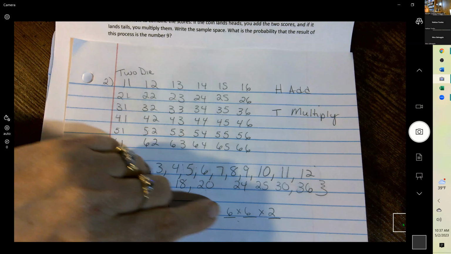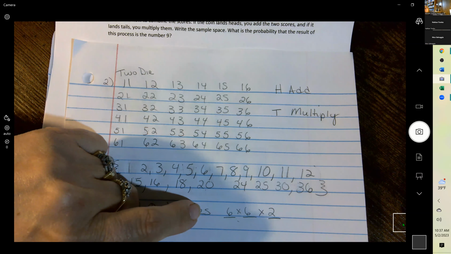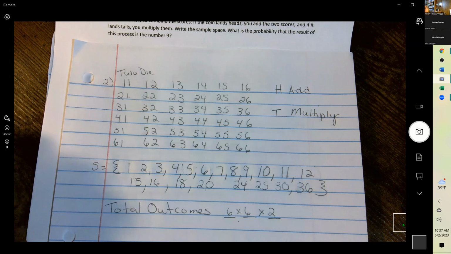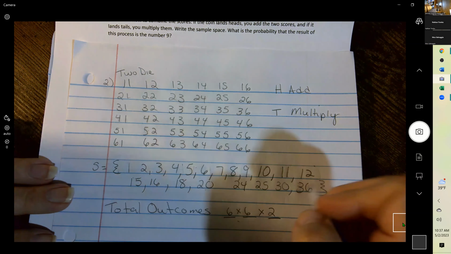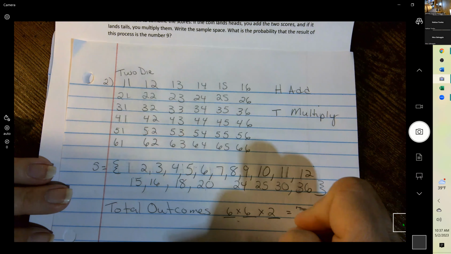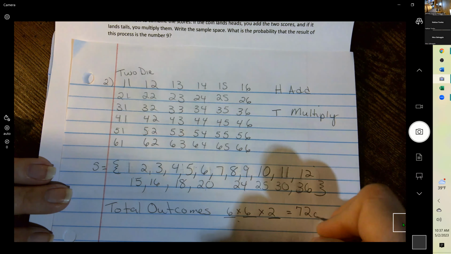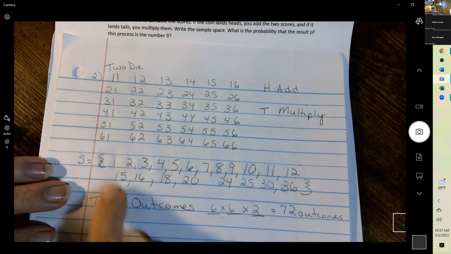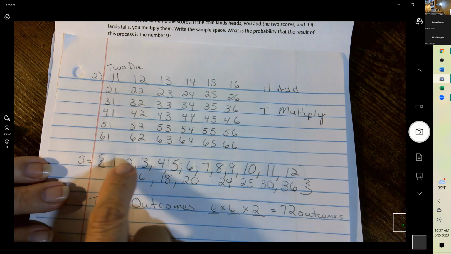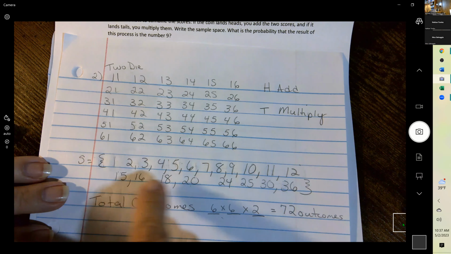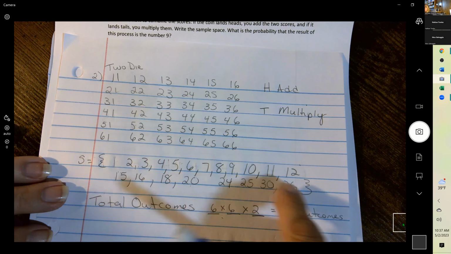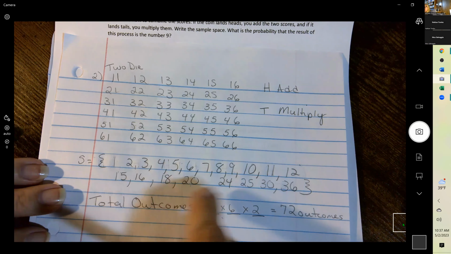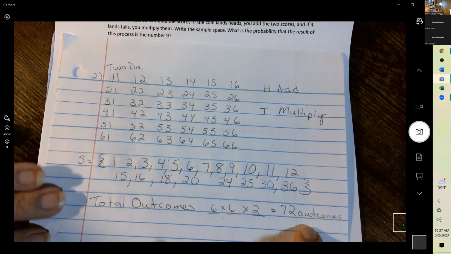These are all independent events, so you can multiply together and get the total. 6 times 6 times 2, 72. So even though we've only listed a smaller number of values here, some of them repeat. There's actually 72 possible outcomes.